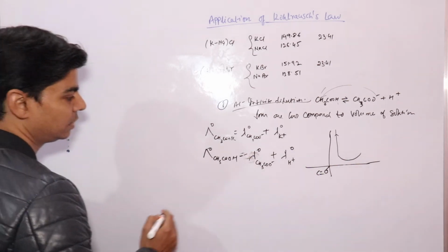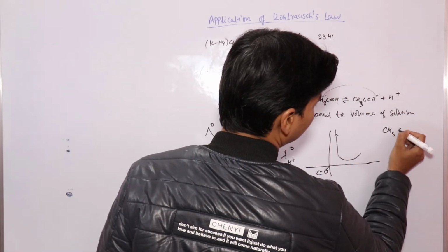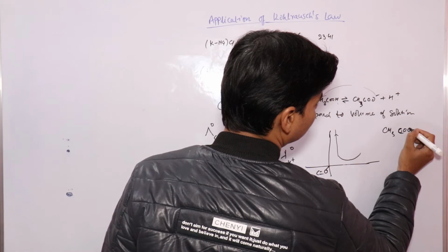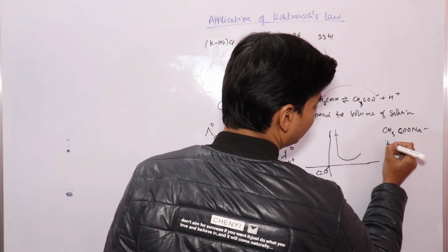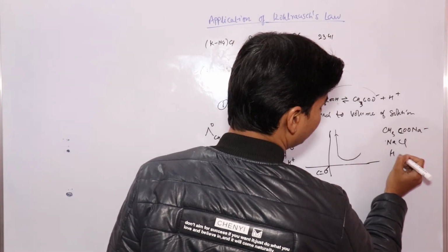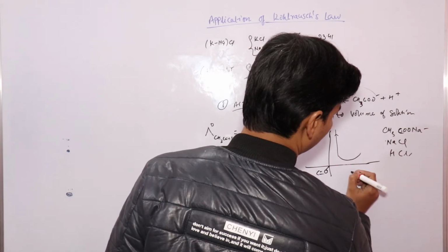So if we take electrolytes, for example, potassium or sodium acetate, then sodium chloride, then HCl.